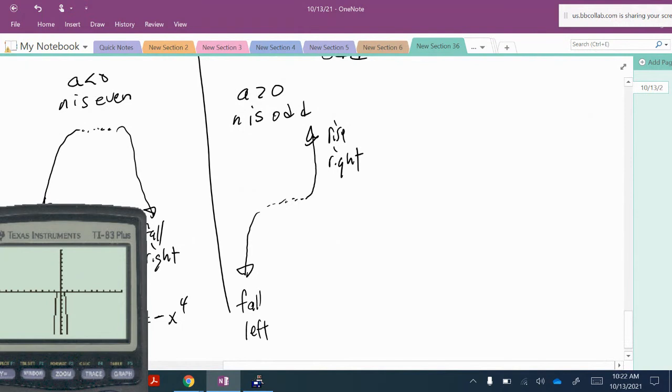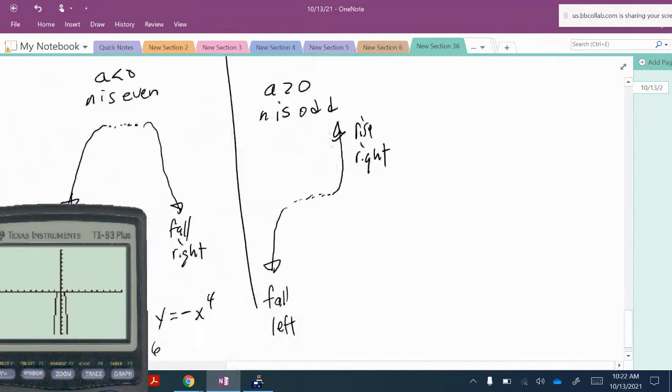So if your leading coefficient is positive, but your exponent is odd, that graph is going to fall to the left and rise to the right.